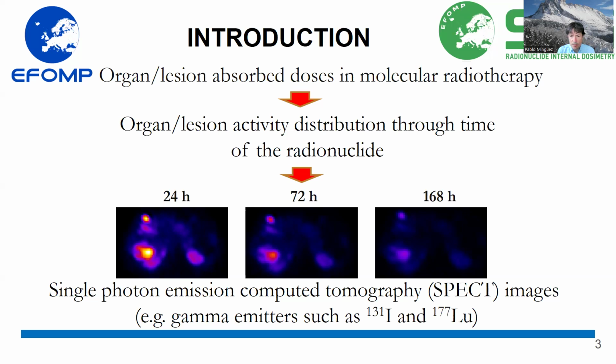Those SPECT images are obtained with the photon emissions of the radionuclide. To obtain those images, we acquire several projections of the patient, and then we obtain the SPECT image by reconstructing those projections.